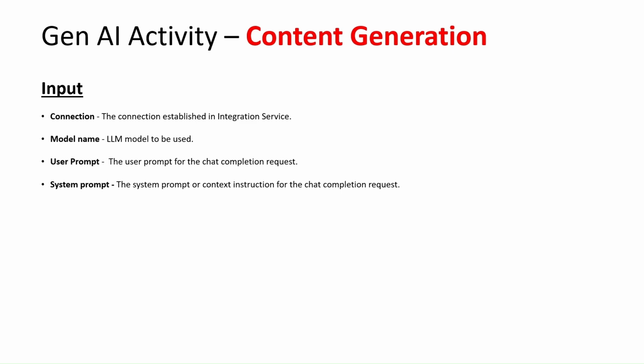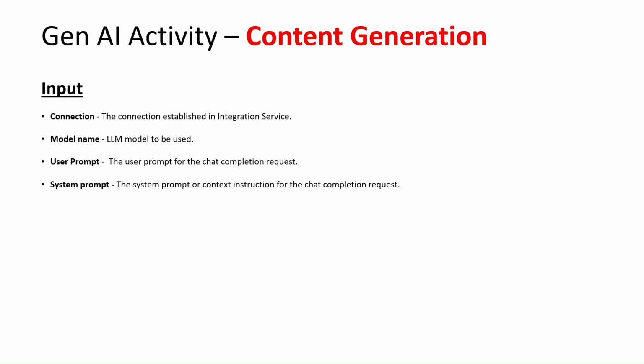And the system prompt is something which is different. The system prompt defines the role of the LLM in this particular context. For example, if I am using the LLM to generate an email for a customer service representative, my role for the LLM will be: you are a customer service representative. So that whenever I ask something as a user prompt, it should not generate any random responses.